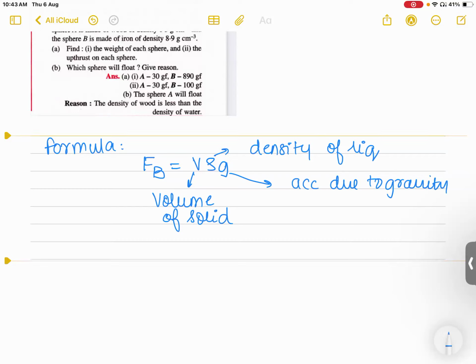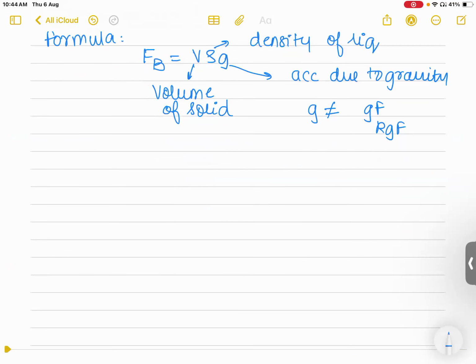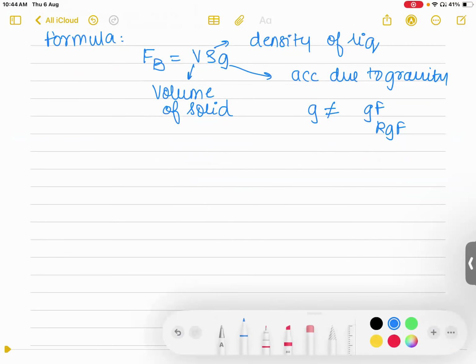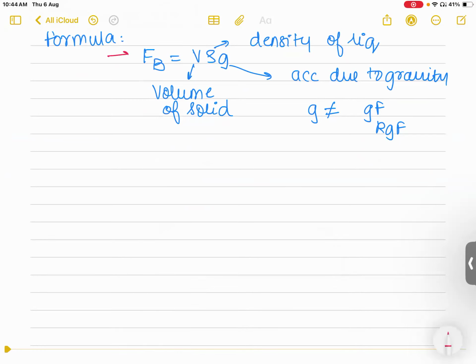If g is not given to me in the question, you will write it as it is. If your mass or your volume is in CGS unit, then you will write it as gf. If your volume and mass is in SI unit, then you will write it in terms of kgf. Okay. You will come to know, guys, how to solve this when we try to solve some more questions on this.